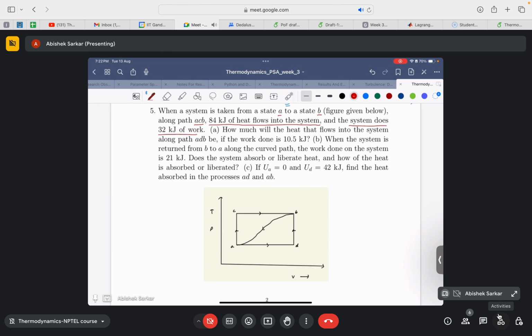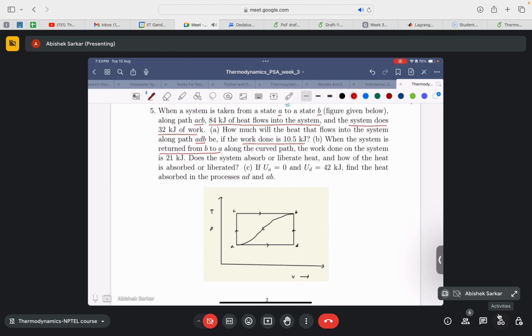How much will the heat that flows into the system along path ADB be if the work done is 10.5 kilojoule?